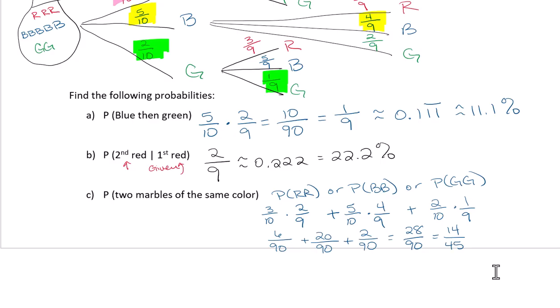And if we want a decimal, it's going to be 0.3 with 1 repeating, or 31.1%.